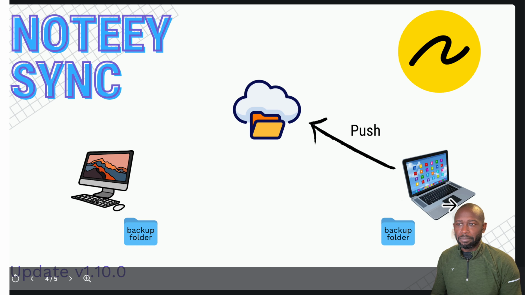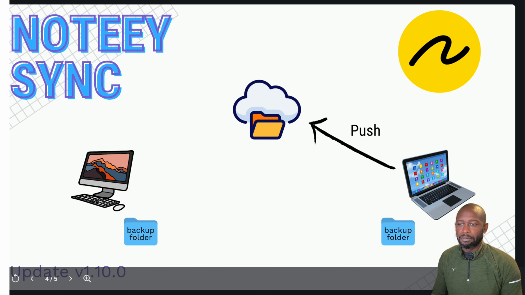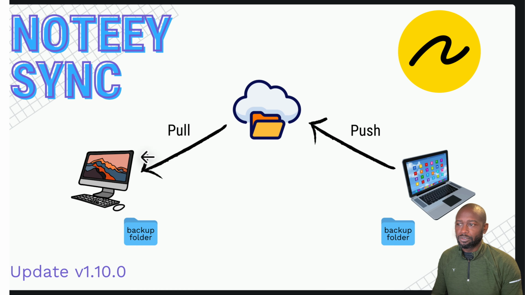So this becomes the master, and you want to hit the Noteey sync and push to the cloud. And then from the other system that you want to pull it down to, you want to do the Noteey refresh and then pull on that system. So there will be this back and forth that you'll have to do if you're switching from one device to another pretty often.